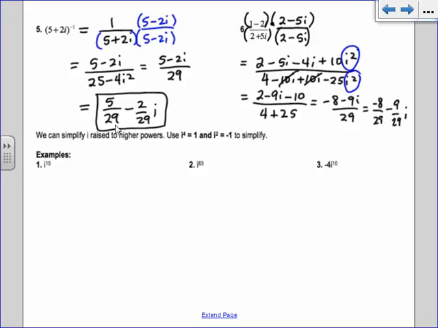Give you your final answer. So you should have negative 8 over 29 minus 9 over 29i.